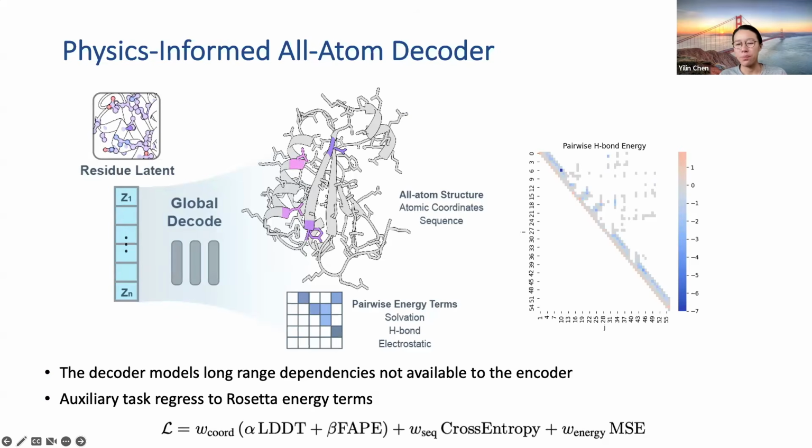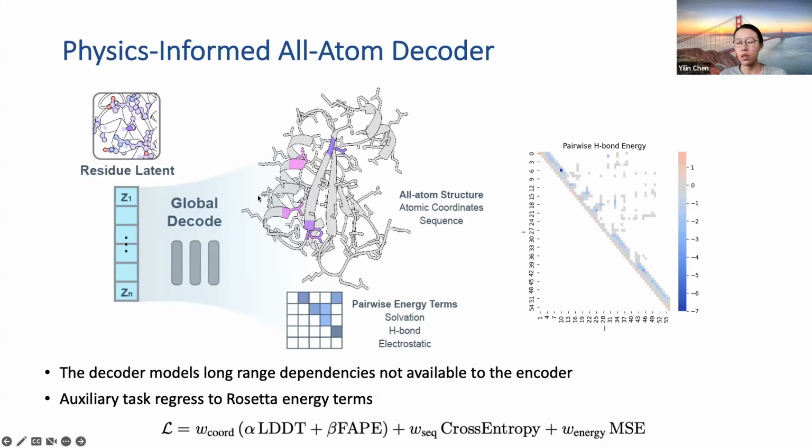The transformer allows it to reason over long-range interactions that the encoder doesn't have. Its goal is to retrieve that and exchange information across the entire protein and enable the reconstruction of coherent backbone and sidechain information. One of the things that we found really, really helpful was to have an auxiliary task, precisely the pairwise energy terms that we also regress.